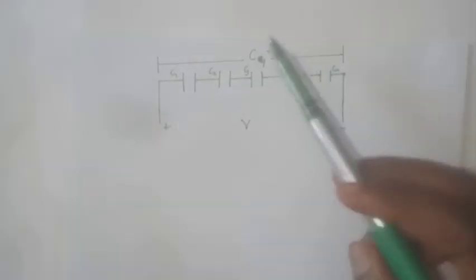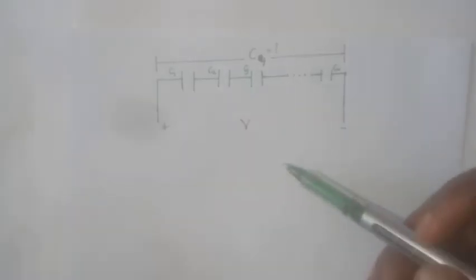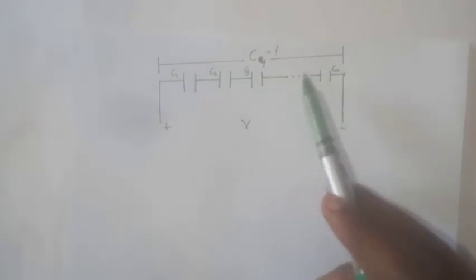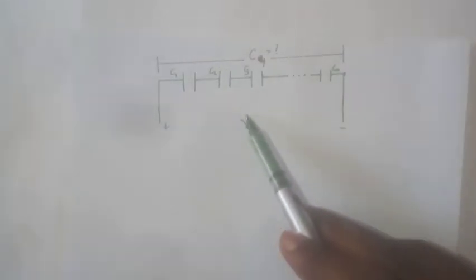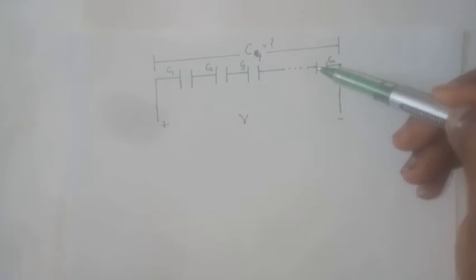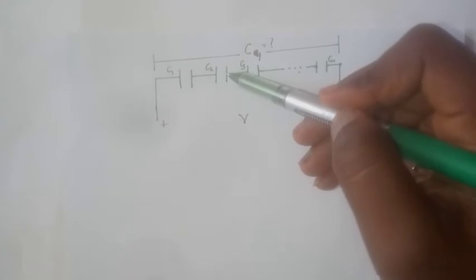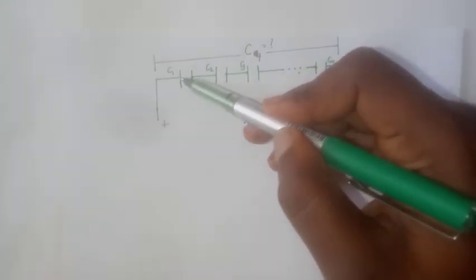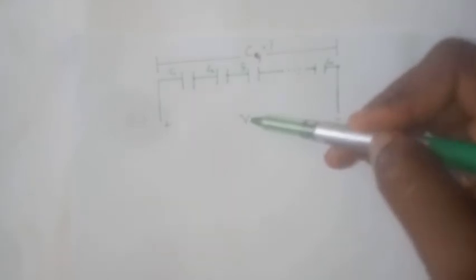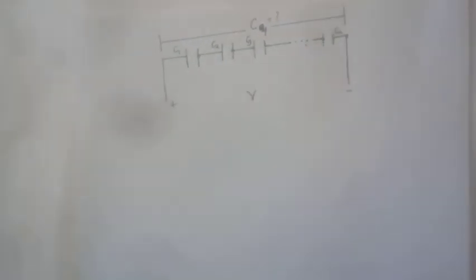We know that we can replace them with a single capacitance, and the voltage across that single capacitance will be V. All the voltages across these capacitors must sum up to V, and the charge across each capacitor will be the same, since charges will move from one capacitor to the next till they reach the power source. So we know that the charges must be the same, and the sum of the voltages across each capacitor must equal the total.